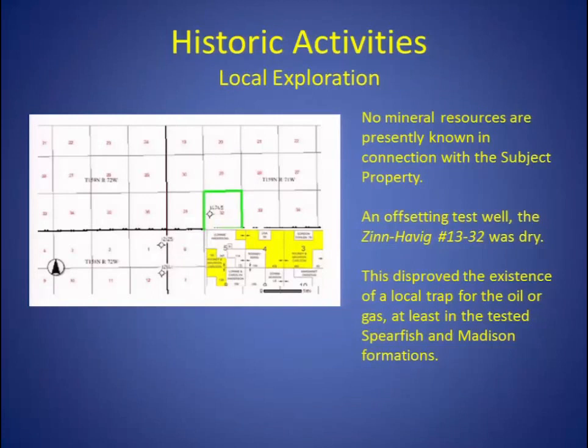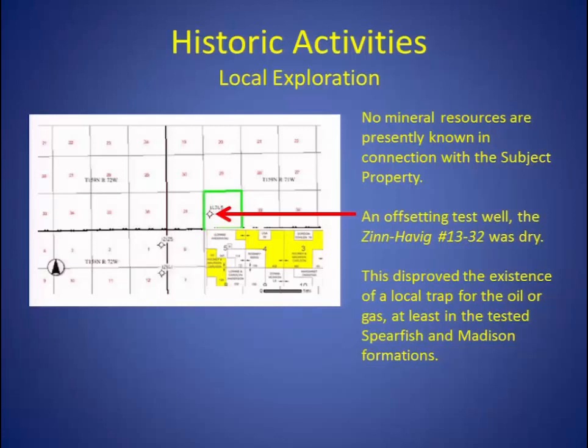Let's look at the more detailed historical exploration activities. There are no mineral resources presently known in connection with this. There was an offsetting well right here, the Zinn Havoc 13-32. It did penetrate down through the Bakken and the Three Forks and TD'd a little bit below that. It's about 10, 15 years ago.